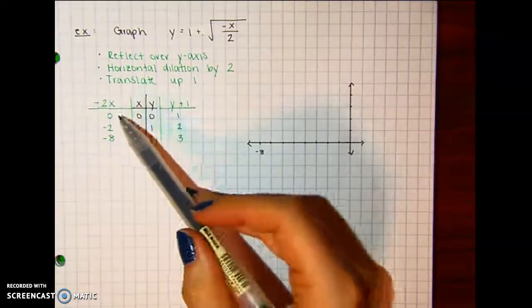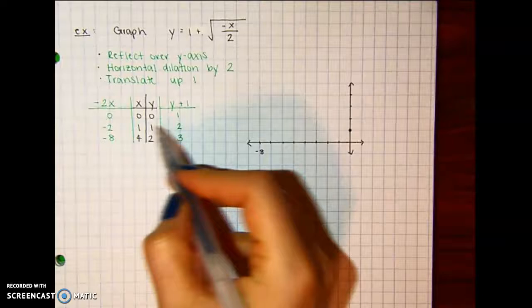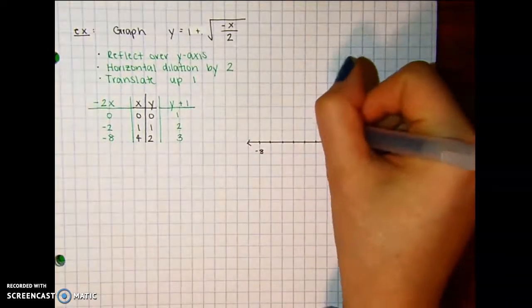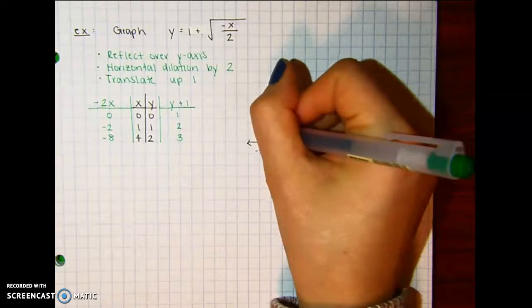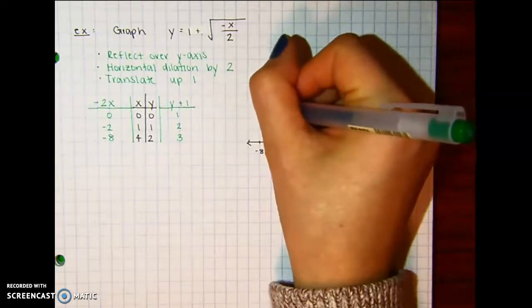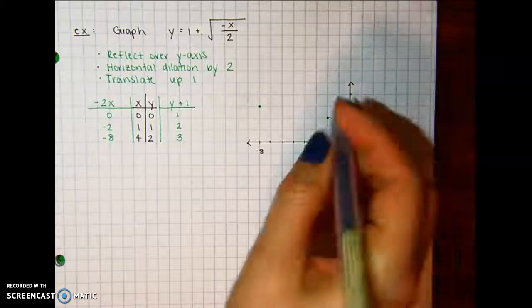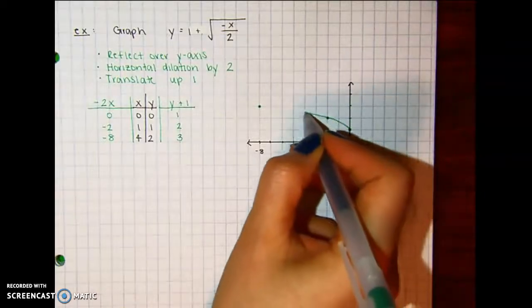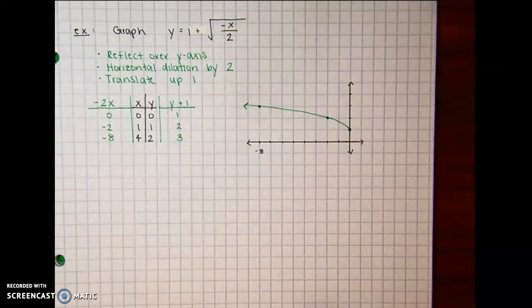So 0, 1, -2, 2, -8, 3. And I have a hard time doing it when it's reflected. There we go. And an arrow.